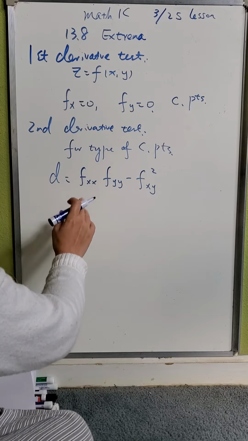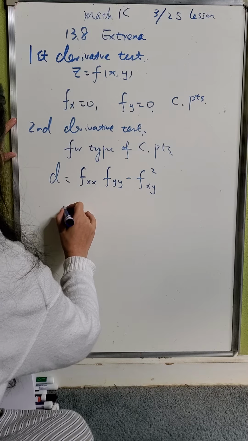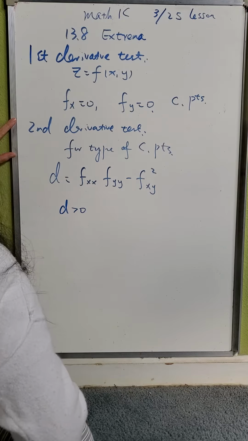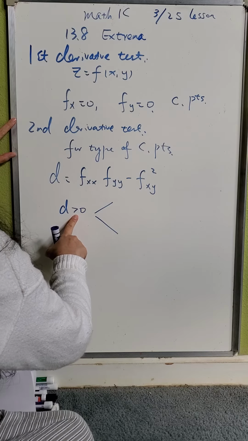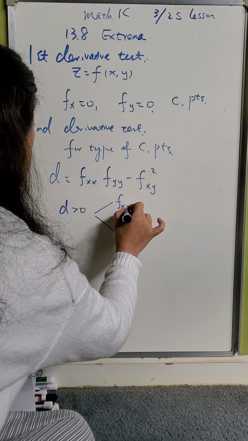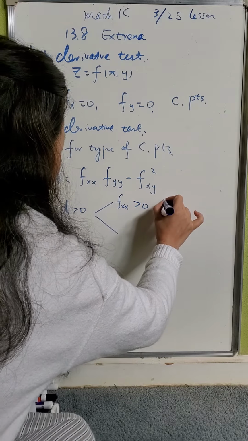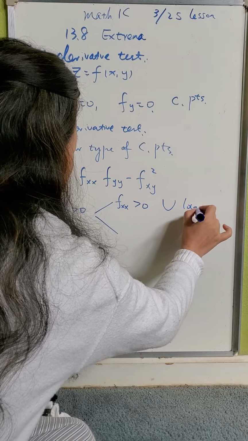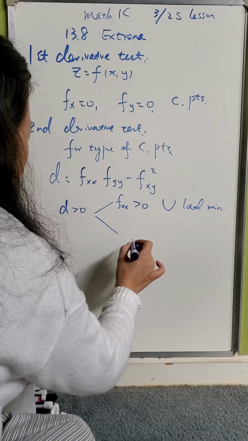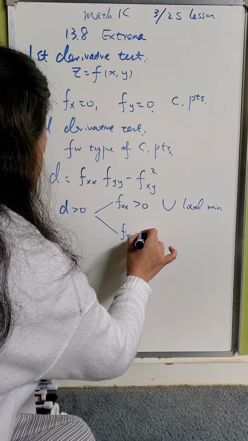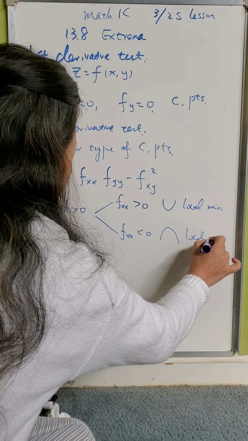This second derivative test gives us three choices. The first choice is when D is greater than 0. If D is greater than 0 and your fxx is also greater than 0, you're going to have a local min, you're concave up. If your fxx is less than 0, you're concave down and you're going to have a local max.